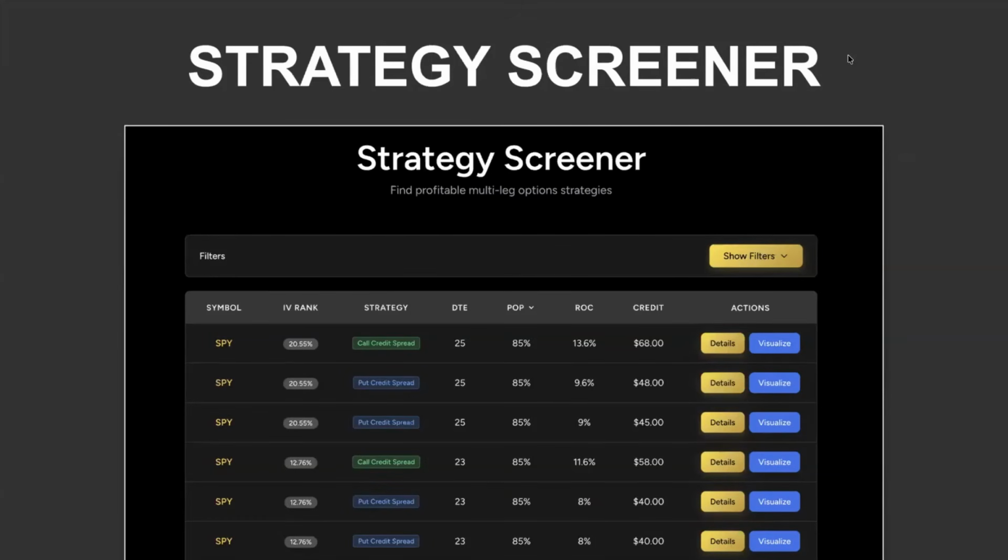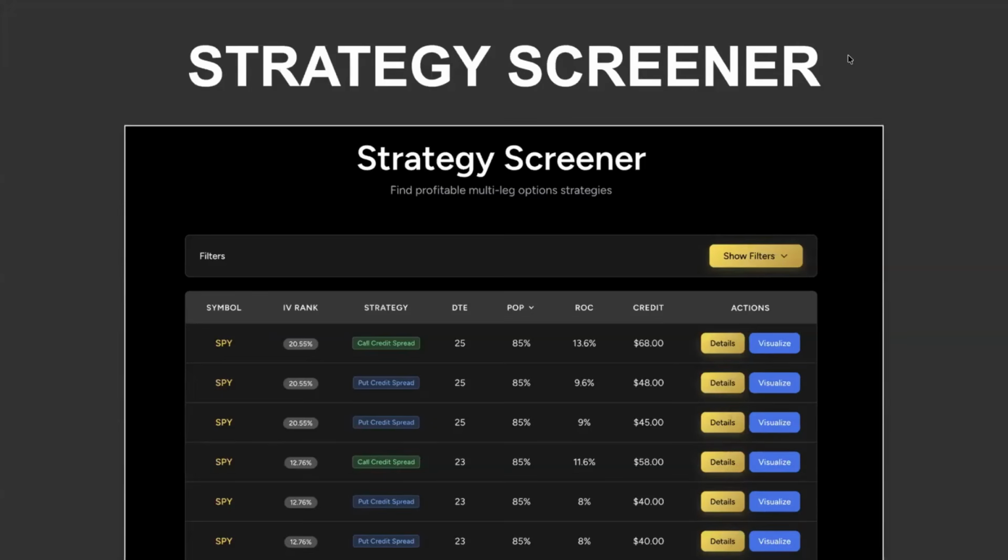So yes, we're tracking over like 3 million different options contracts in the option screener, but the strategy screener, using our algorithm, finds the way to combine the best strike prices, the best expiration dates, to get you some killer trade setups. So it shows you strategies like call credit spread trades, put credit spread trades, and iron condors.